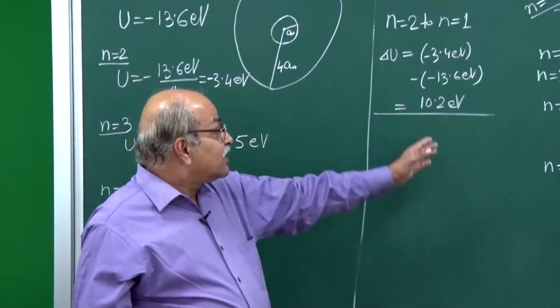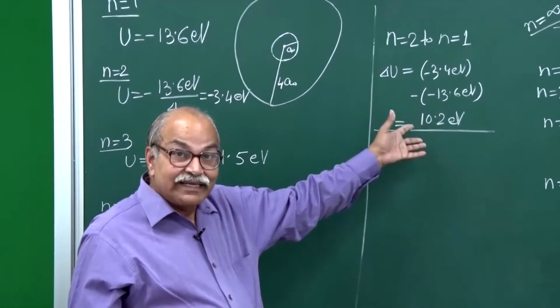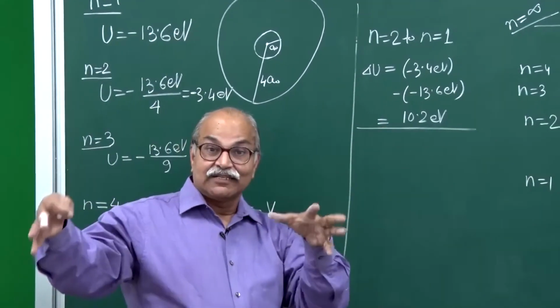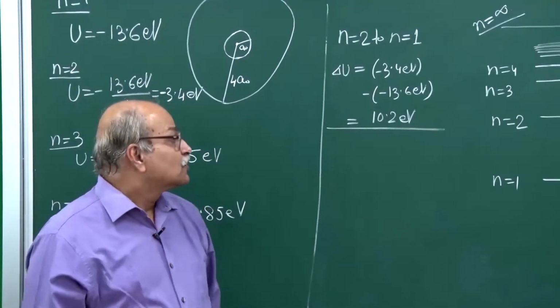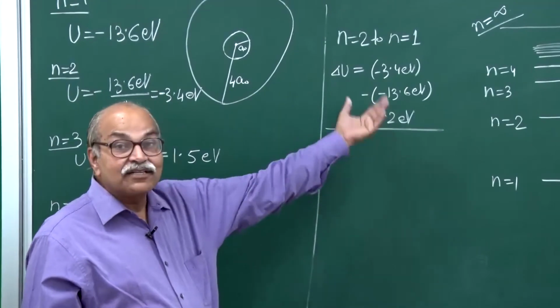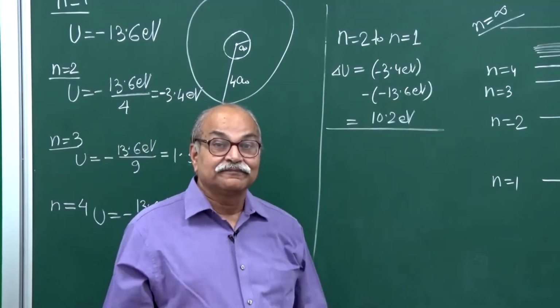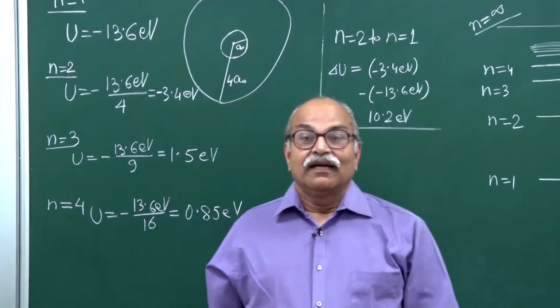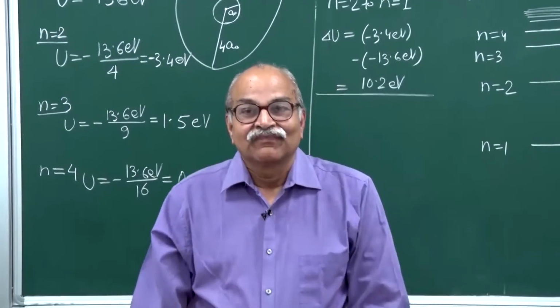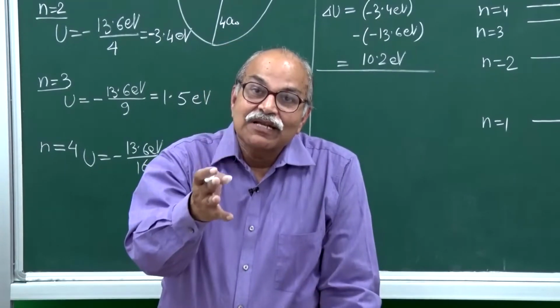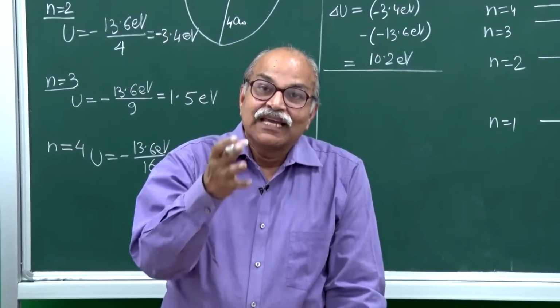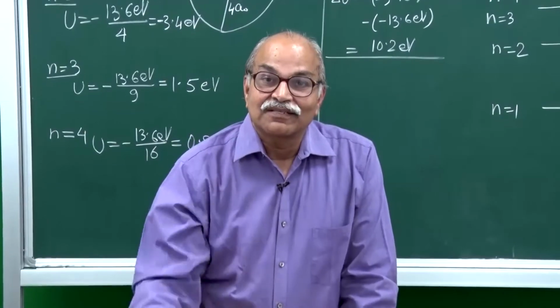So how is that electromagnetic radiation? Light is also electromagnetic radiation with proper wavelength limits. So how is that energy related to this electromagnetic radiation? Another quantum physics idea. This light can be regarded as a collection of particles.